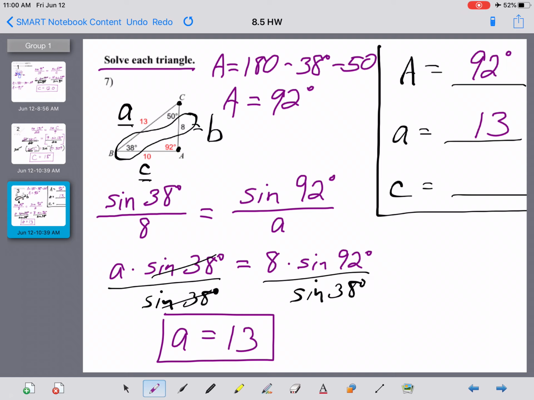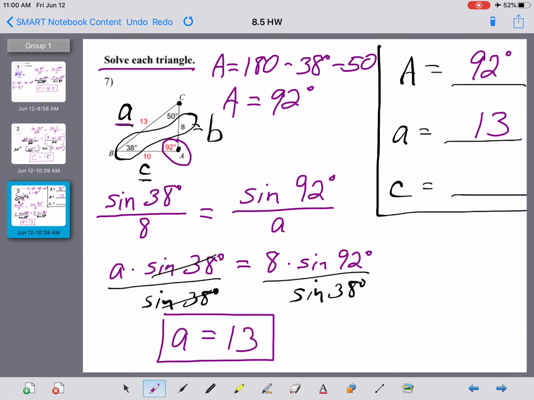Now, one thing to notice right now, guys, angle A right here at 92 degrees is obtuse, and a triangle can never have more than one obtuse angle. The other two have to be acute. So that tells me already that angle A must be the biggest angle in the triangle. That means that little a across from it has to be the longest side.